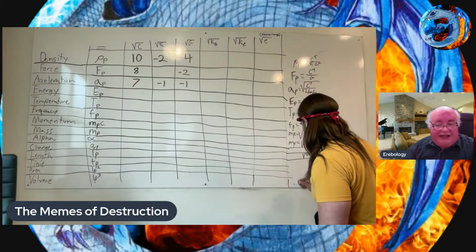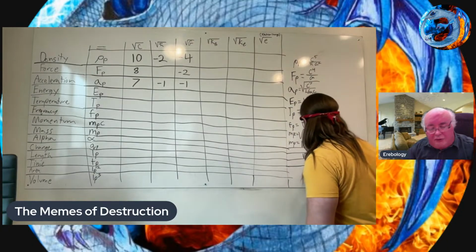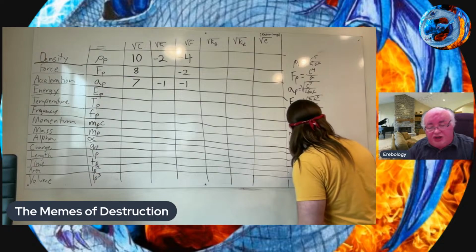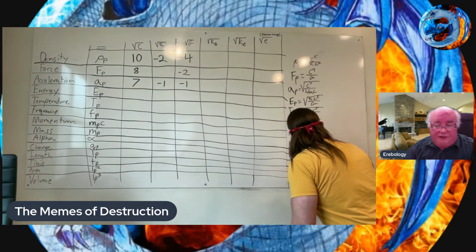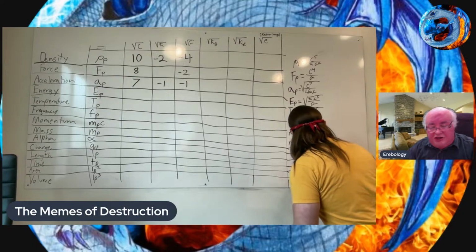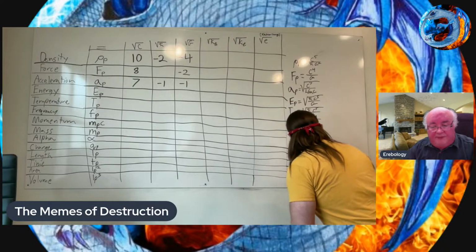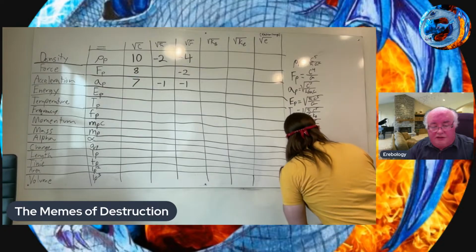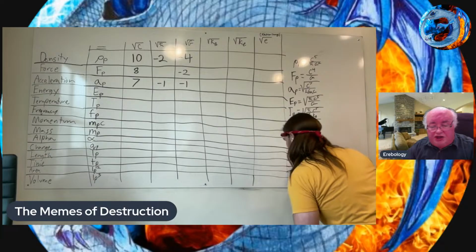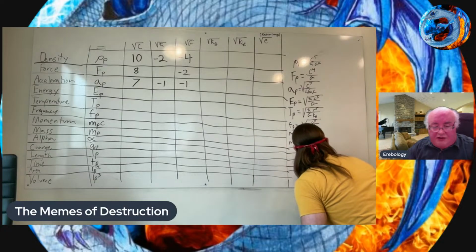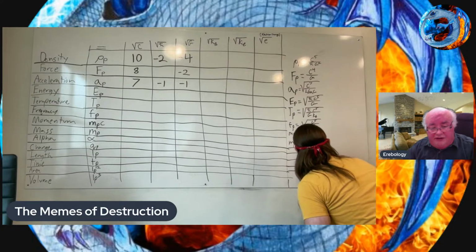Anyway, so length is everything under the radical h bar G over c cubed. Time is h bar G over c to the 5th. Okay, I remember.